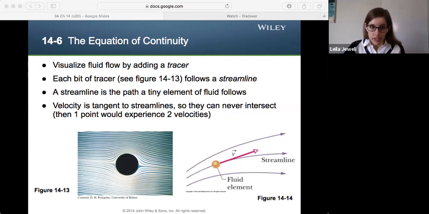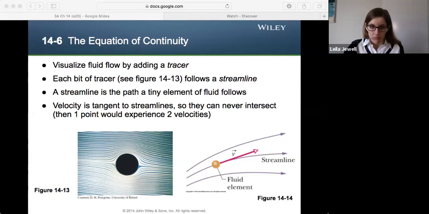And every bit of the tracer in this figure, where you can see the path that each of the dyed things is taking, going around this obstacle, some sort of blockade, each of these follows a streamline. So a streamline tells you the path that a tiny element of the fluid follows. If you dropped in a little dust particle or a crumb, we'd know it would follow along one of these gray paths.